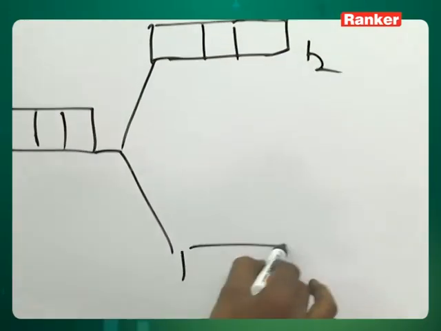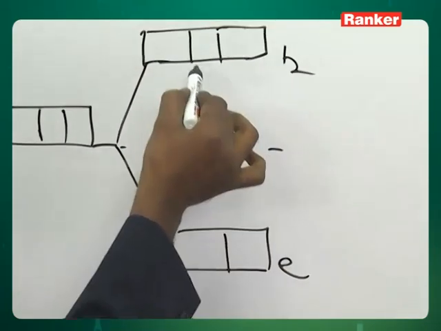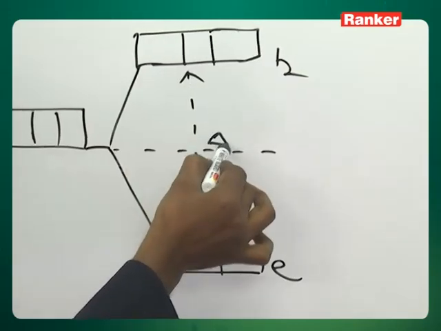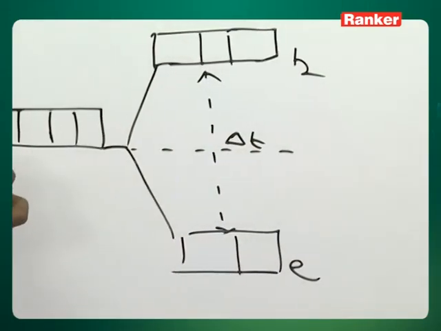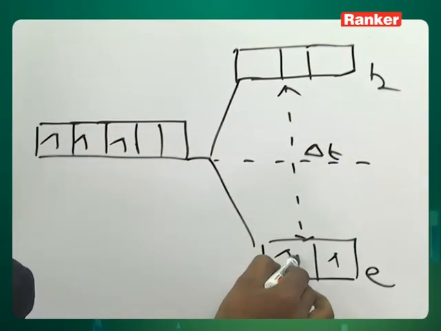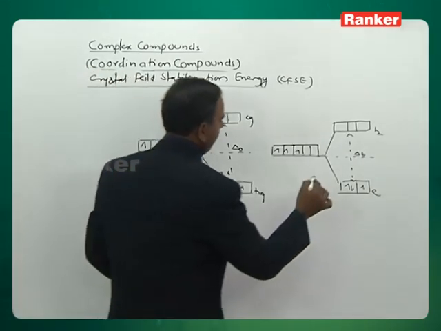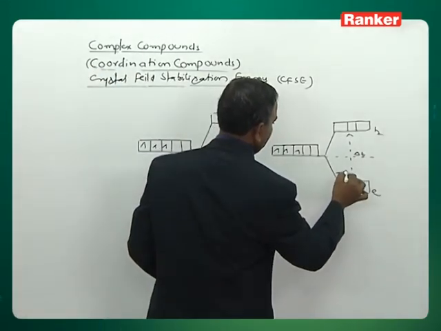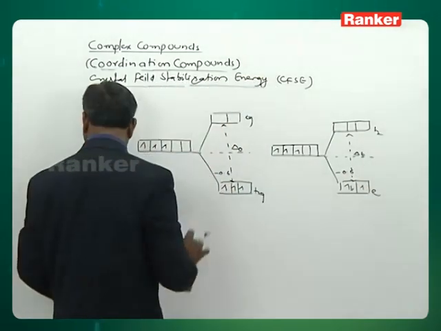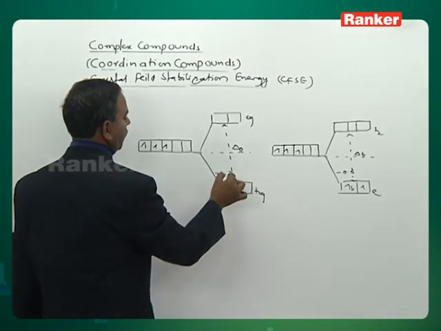T2, E, delta T. Arrangement of electrons. In tetrahedral field, the lower energy level is what? Minus 0.6 here. It is minus 0.4. In octahedral it is not 6, it is minus 0.4.